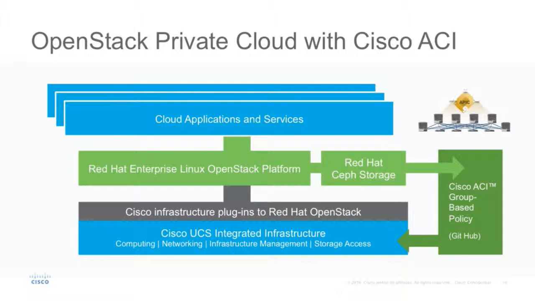So here, the intent and the plan is to combine the infrastructure as a service capability that we talked about earlier, and plug it into an SDN configuration. In the Cisco space, it's Cisco ACI, Application Centric Infrastructure. One of the solutions that we're working on will bring those together and provide a seamless, validated design for our customers to leverage as they embark on their OpenStack as well as SDN journey.